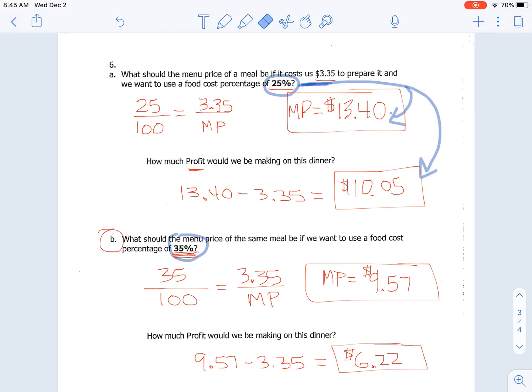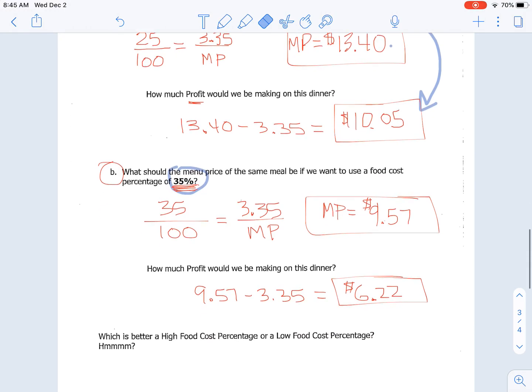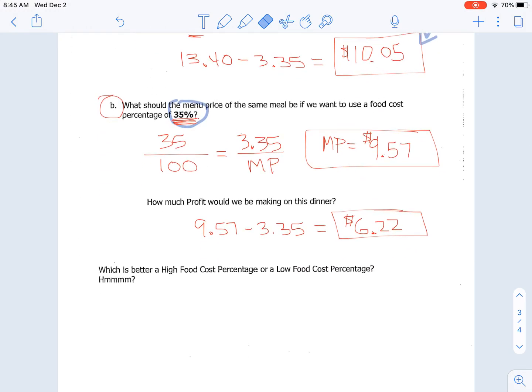But, of course, we're in the business of making money, so we want to make more money. The lower the food cost percentage, the higher the profit will be. Let me write that down here.